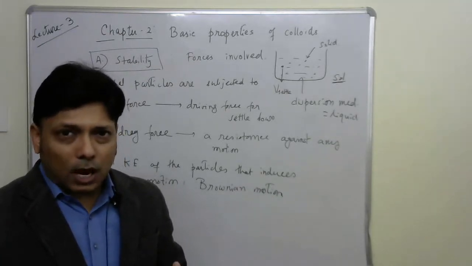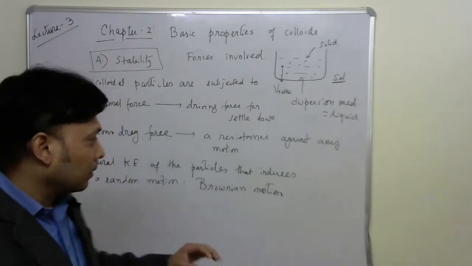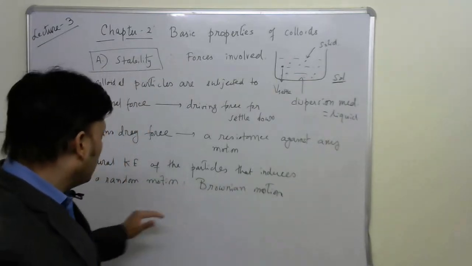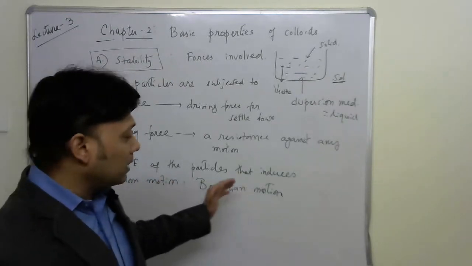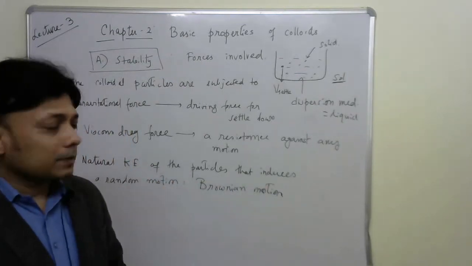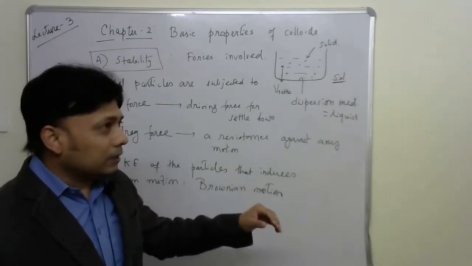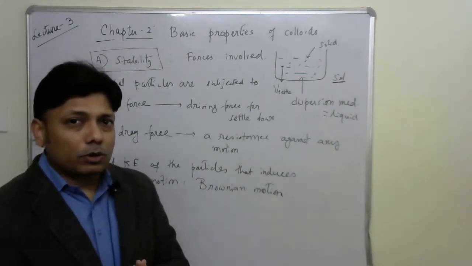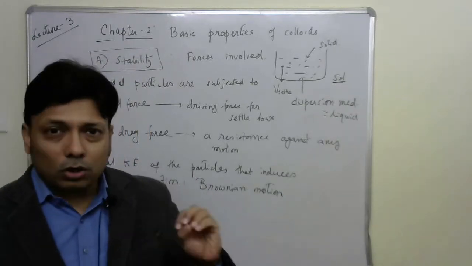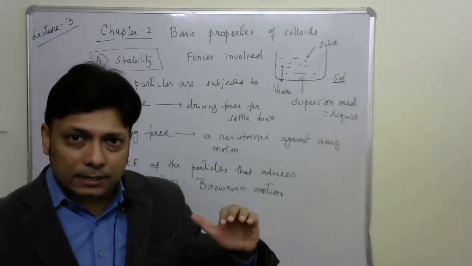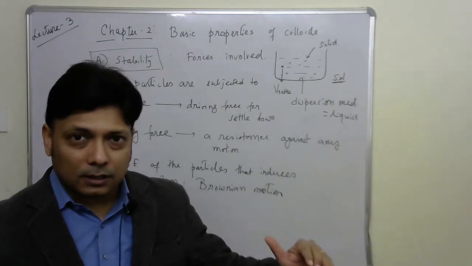So the ambient kinetic energy drives these molecules. It's basically a molecular phenomenon, but can be extended to very tiny particles. So you see that when the particle is under Brownian motion, it does not go in a particular direction in a net manner.